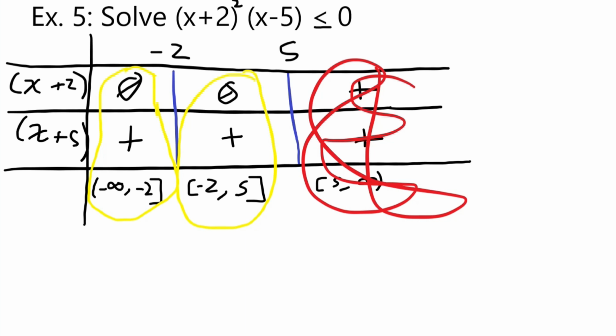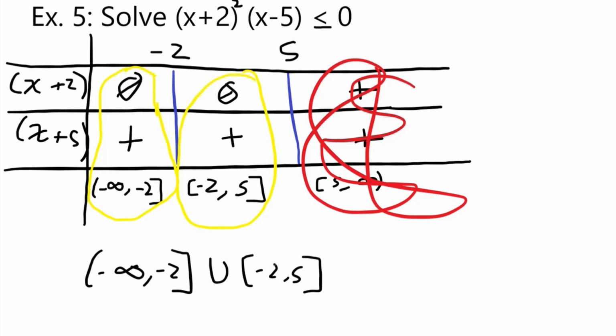Now, how would we write this? You might be tempted to say that you would just write negative infinity to negative 2, and then union negative 2 to 5. This is not right, so don't write it down.